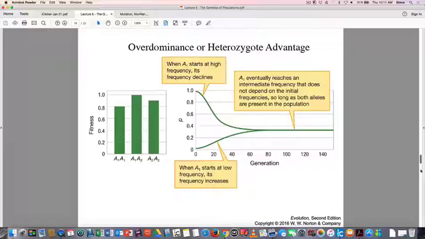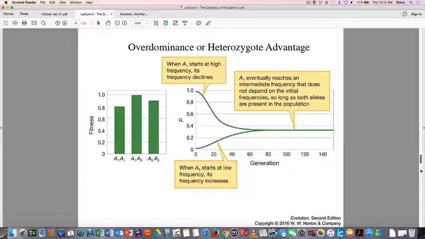No matter where you start, whether, again, it's the frequency of the A1 gene, no matter where you start, what's the outcome? Is there an elimination of the A1 gene? If you look at this graph over 140 generations, nope. So what you get is a stable equilibrium.